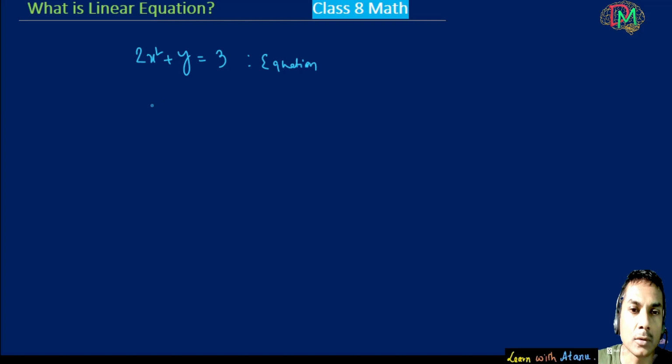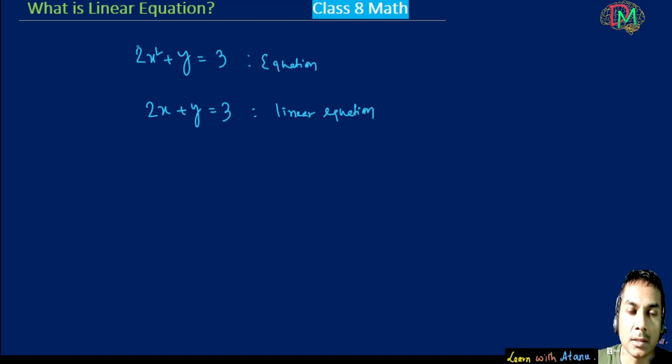So what does maximum power mean? If I write 2x plus y is equal to 3, then the maximum power of both variables x and y is 1. So this is an example of a linear equation. Clear? Because the power cannot exceed 1.